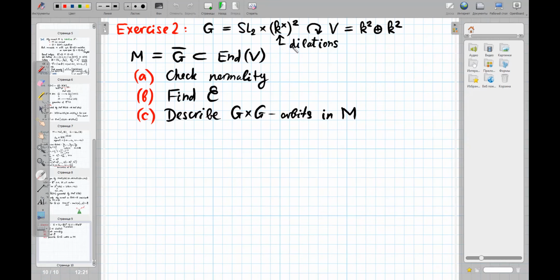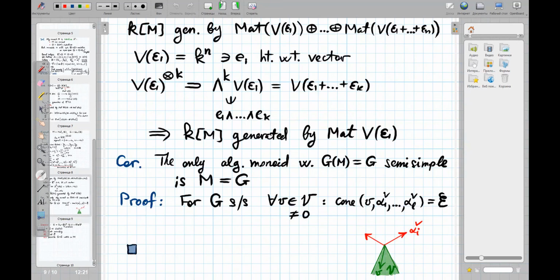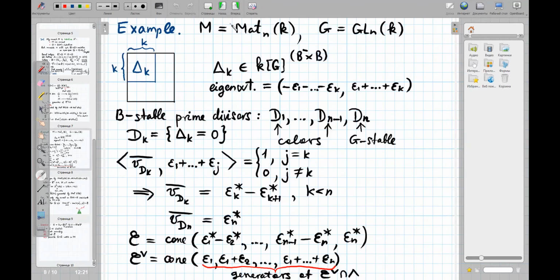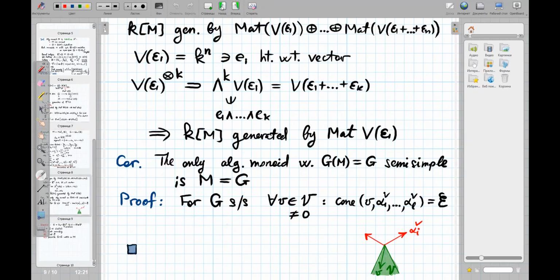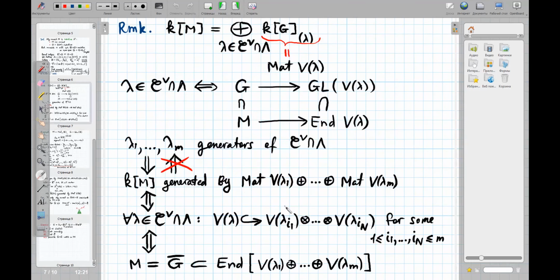The dilations are easy to handle. Dilations do not essentially impact the tensor product decomposition, because you just take the tensor product decomposition for the representations of SL2, and then you count how many copies.